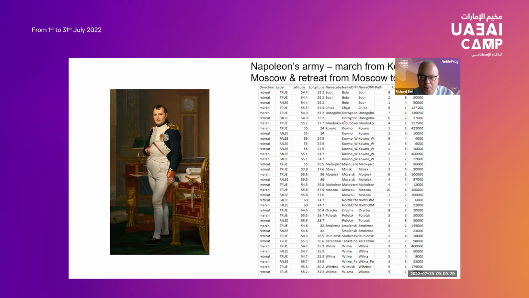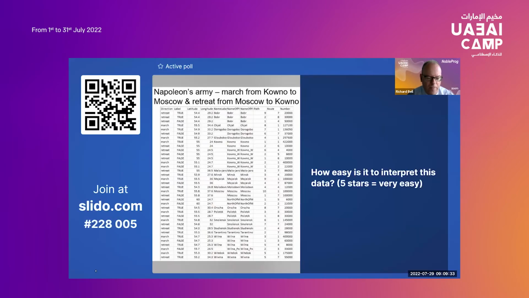This is the first Slido: I'd like you to give me your view on how easy it is to interpret this data. Use the QR code or go to slido.com with the code 228005. If you think it's very easy to interpret this data, give it a 5. If you don't think it's easy to interpret this data, give it a 1.